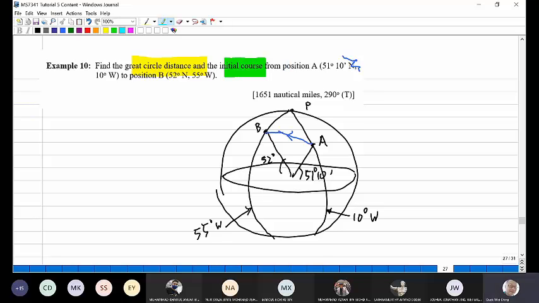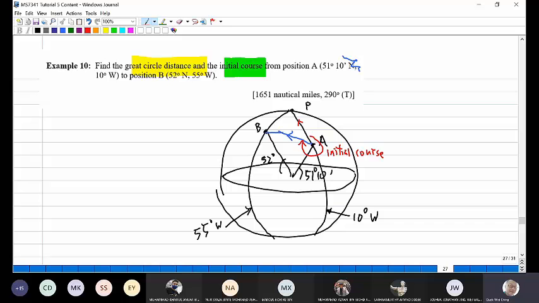So the initial course is measured from where? From the North Pole, right? Measured from the North Pole. So the initial course is this angle from the North Pole. So measure this angle, the initial course. Measured from the North Pole direction, and go towards the direction you go.